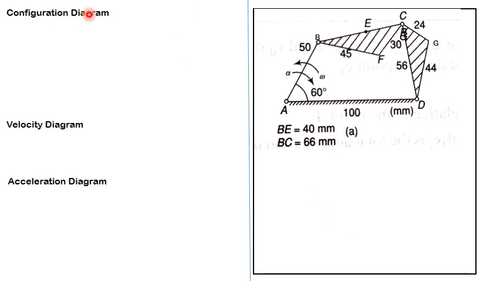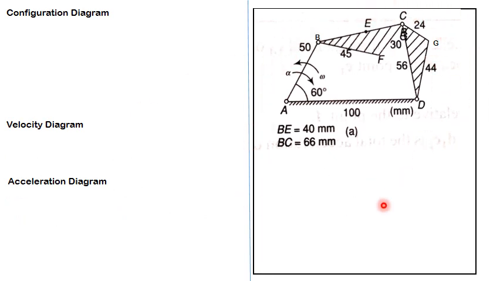For the configuration diagram, I have this draft diagram which has been mentioned in the problem statement. Here, in the configuration diagram, I am going to draw the same diagram to scale, either reduced scale or actual scale, because this will act as a reference for drawing the velocity and acceleration diagrams.